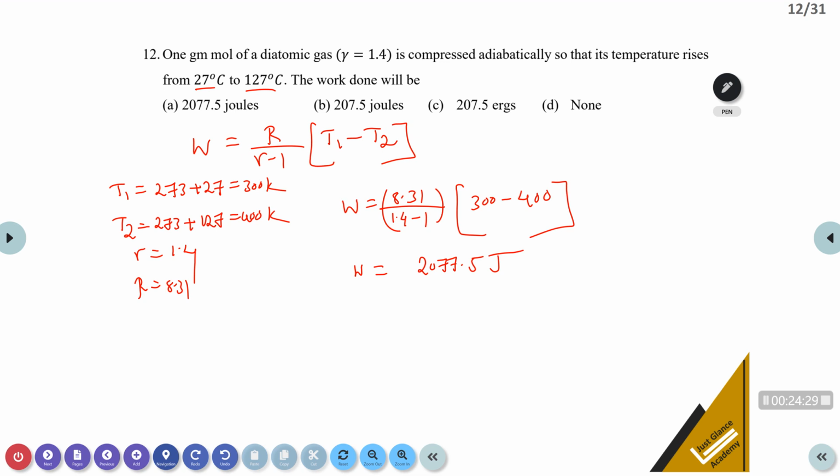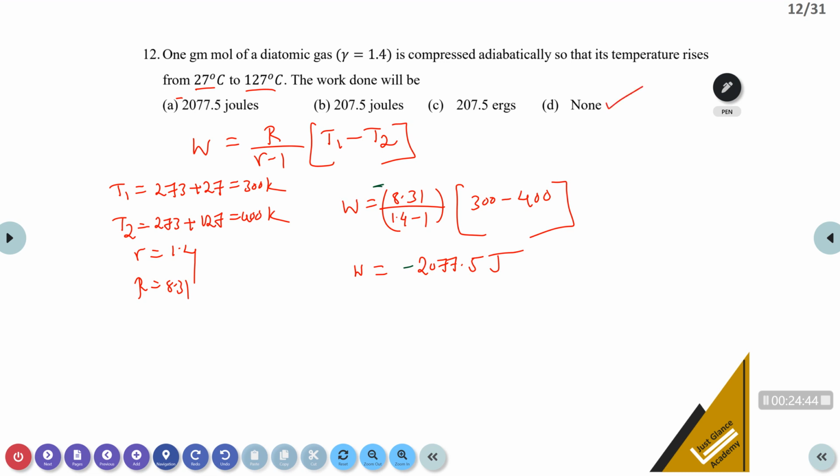To be specific, again it should be negative. You should represent this as negative. Otherwise, none is the right choice.